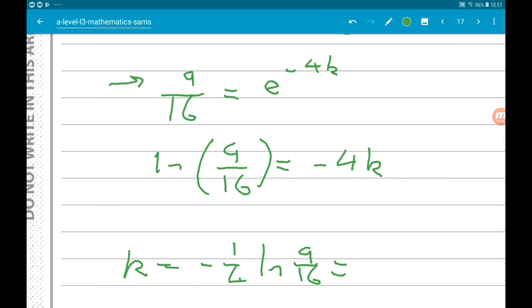So let's see what we get. Okay, so that, if we go to 2 sig figs, gives us k equals 0.14.